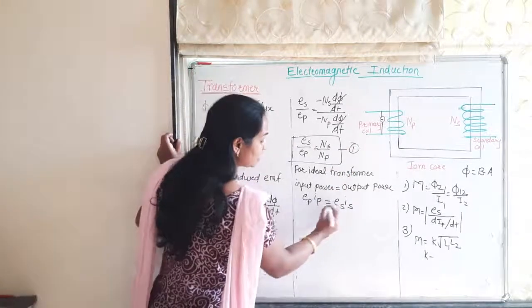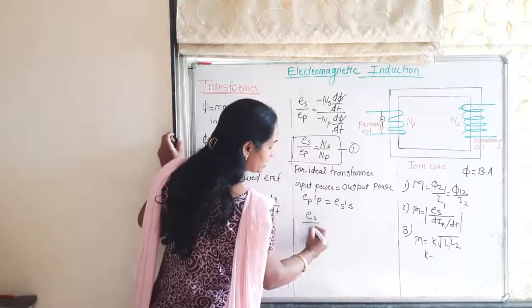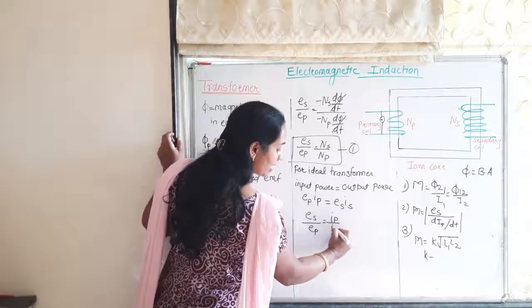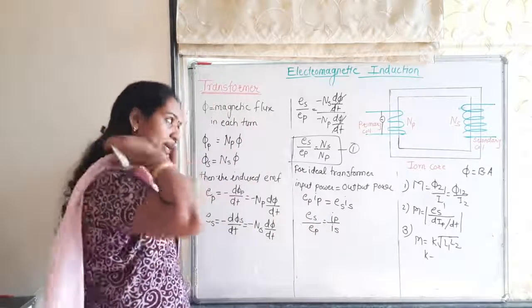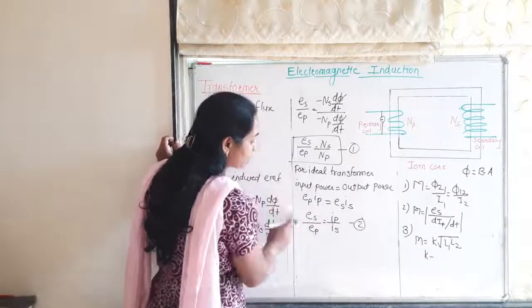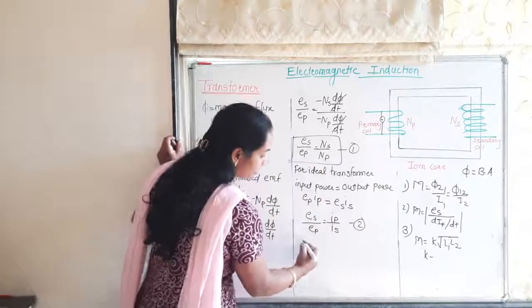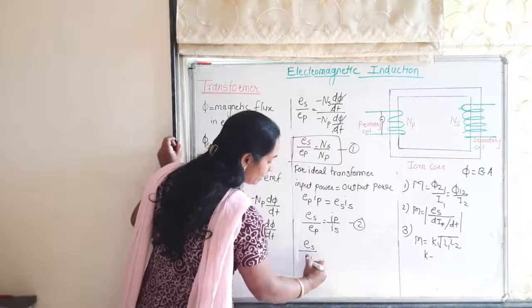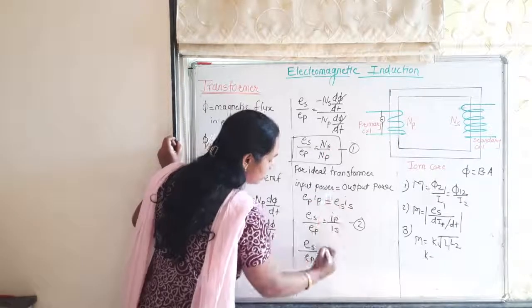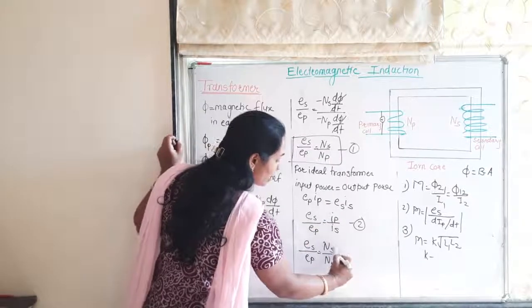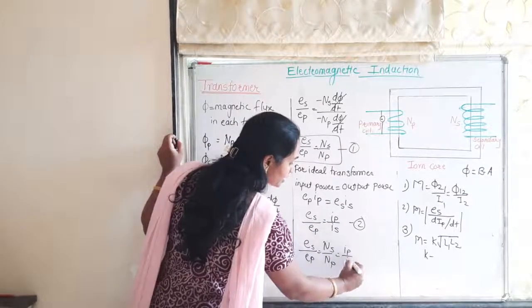Then this equation can be written in the form of Es upon Ep, which is equal to Ip upon Is. This is equation 2. From equation 1, the left side is equal, so the right side is equal. So this equation can be written as Es upon Ep, which is Ns upon Np, and also Ip upon Is.